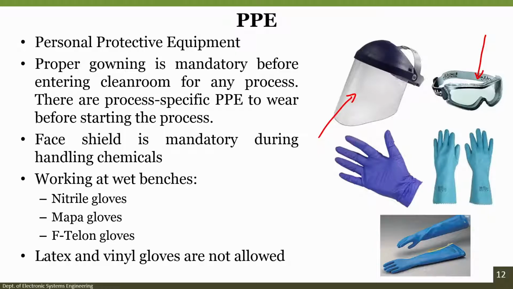Wet benches are of two types: the acidic wet bench, which holds the acid, and the second is the wet bench in which you can use solvents. So, it is advisable, and in fact mandatory, to wear the face shield when you are using the acid bench as well as the solvent bench.